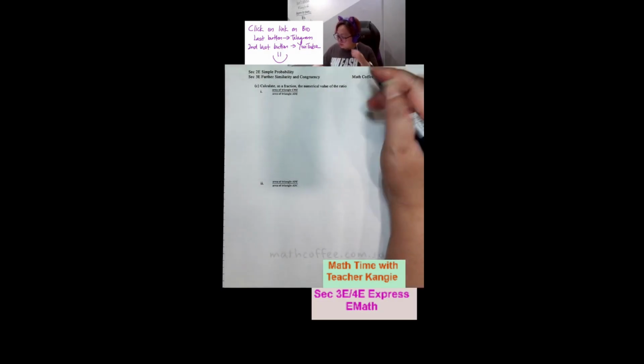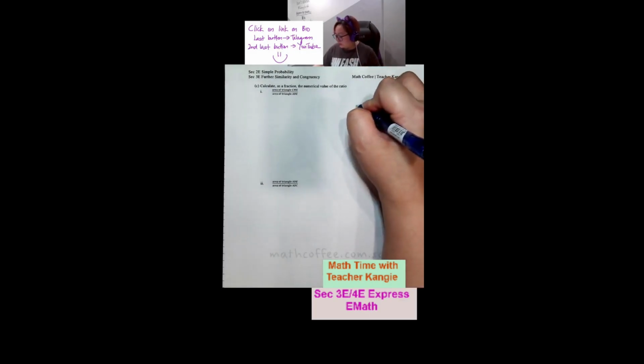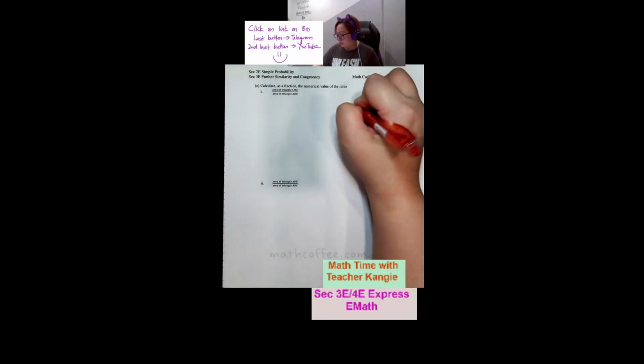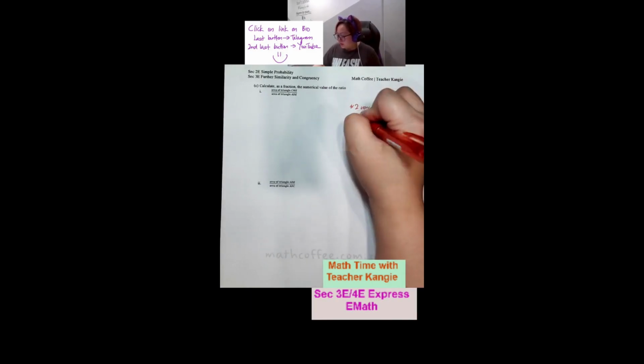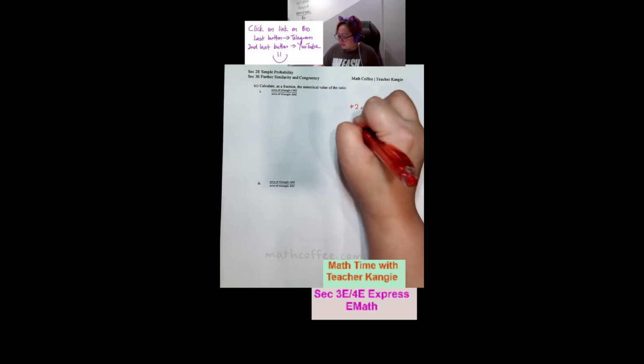It's either they are similar triangles, or they have the common height. So two concepts. This kind of questions only have two concepts. Either they use the similar triangle, or they use common height.